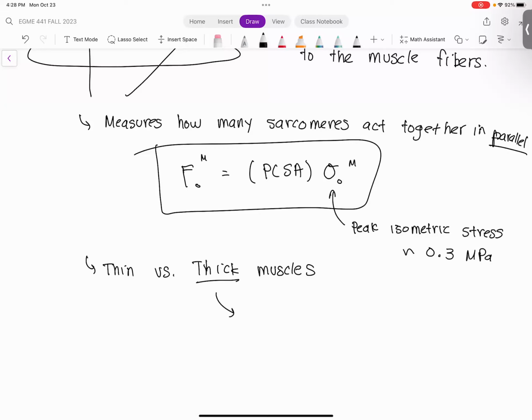All right, a question from the chat. The question says, is the peak isometric stress the same for every muscle? Yes. That's measured in terms of how much force per area a sarcomere can produce, and that is the same for every muscle.